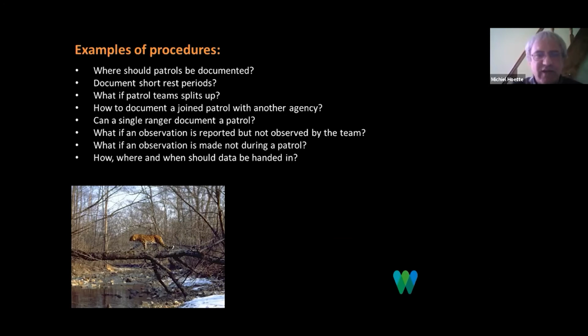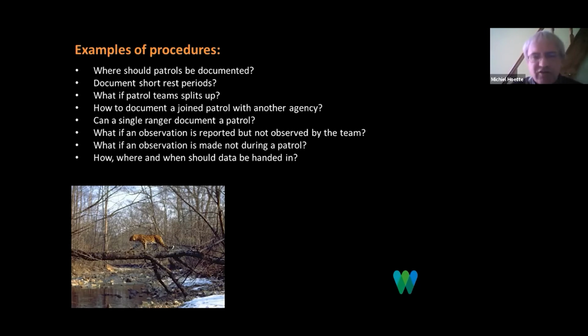Things like whether a single ranger is allowed to go on patrol and then collect data for SMART should also be decided. Also, a situation where an observation is reported to a team, they go out, but they can't find it: should they then include it in SMART or not, and in what way?